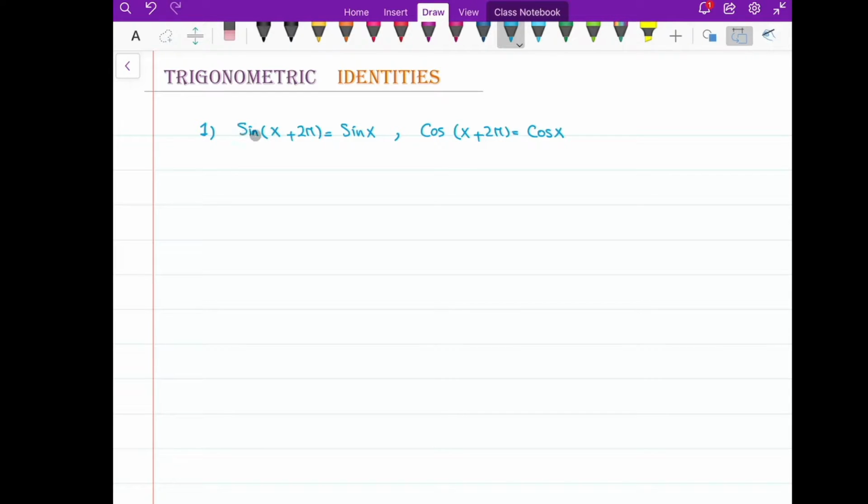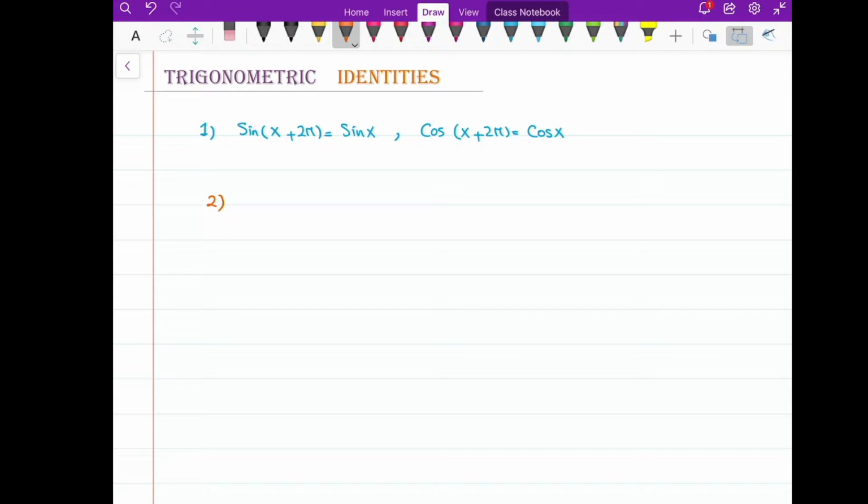For example, sine of 2 pi plus pi over 4 is equal to sine of pi over 4. For example, cosine of pi over 6 plus 2 pi is cosine of pi over 6. Basically, if you add 2 pi to your angle, then you're not going to change the function, because this is the period of sine and cosine.